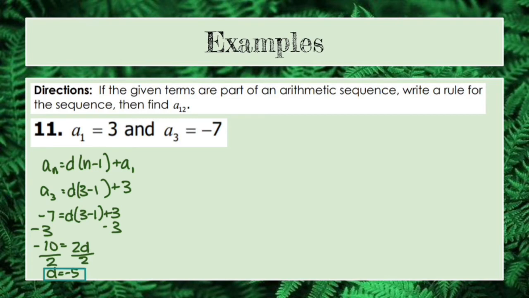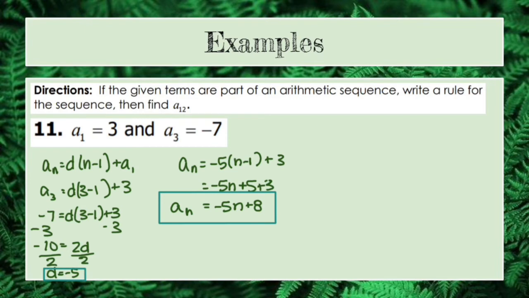Then we now have both A1 and D, so we can write an equation. So A sub n equals D, which is -5 times n minus 1 plus A1, which is 3. So we're going to distribute the -5 and then combine like terms to get A sub n equals -5n plus 8.